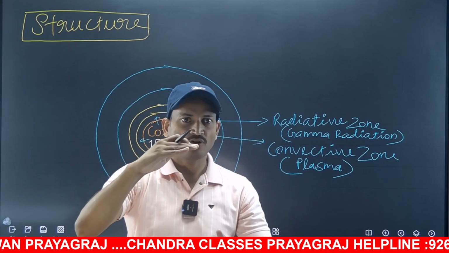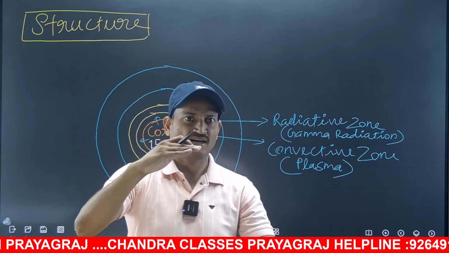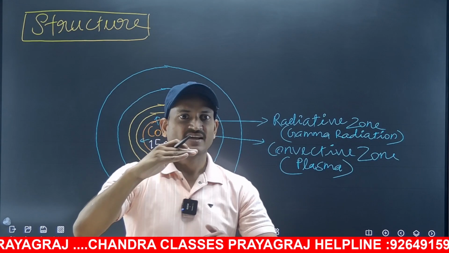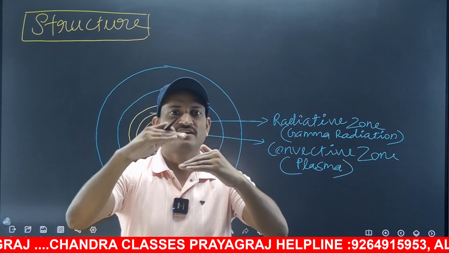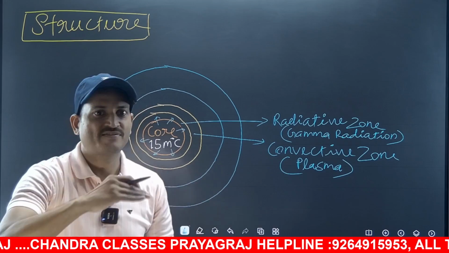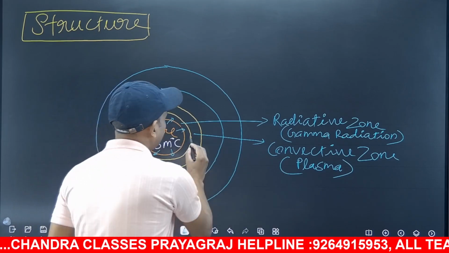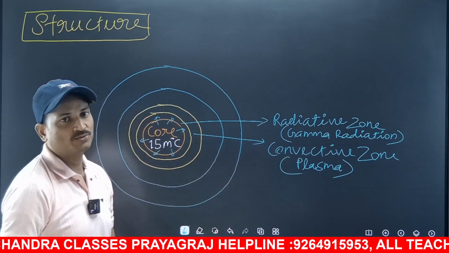When that cold water comes in contact with heat, it again gets heated up and comes up, and comparatively cold water on the surface sinks down. This is the kind of convection that takes place here. Similar convection is taking place in the convective zone.